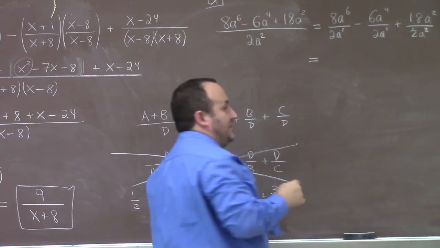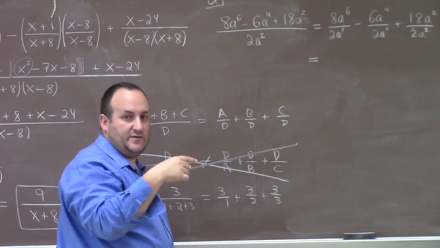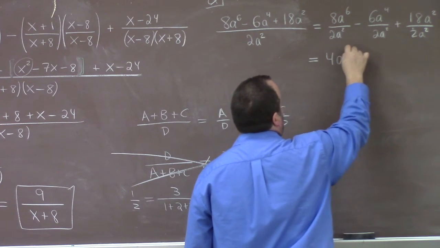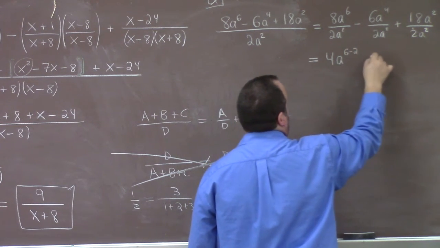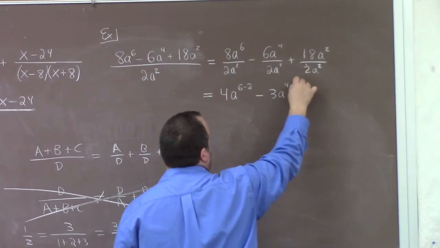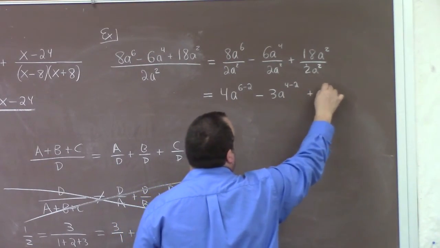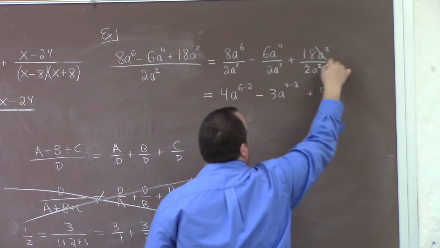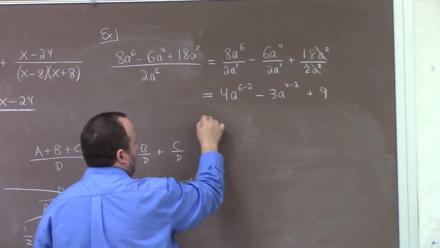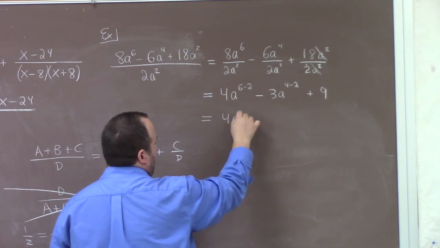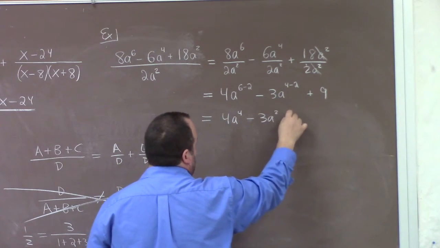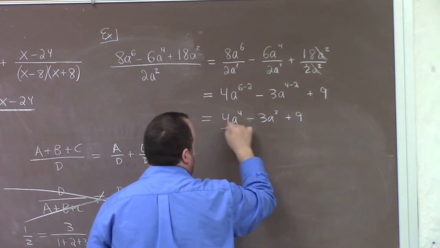The way he did that was 8 over 2 is 4, and then we have 8, subtract the square root, 6 minus 2, minus 3, 4a to the 4th minus 3a squared plus 9, because these cancel. So what Hayden told me was 4a to the 4th minus 3a squared plus 9. And that's your answer? Yep.